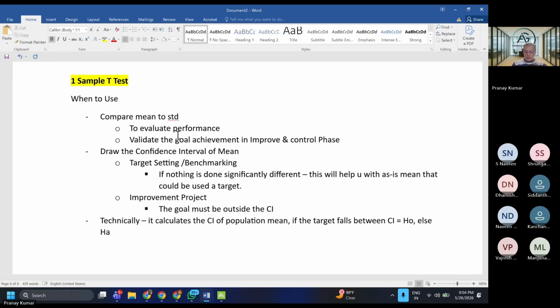Correct. If your project is mean, then this; if your project is median, there will be a different test. If your project is count, it will become a different test. So with the help of a normality test, if my data is normal, then we have to use this CI for baselining. Am I correct? Correct.